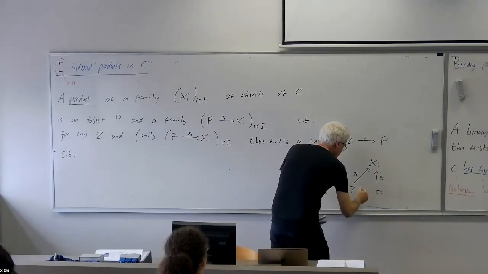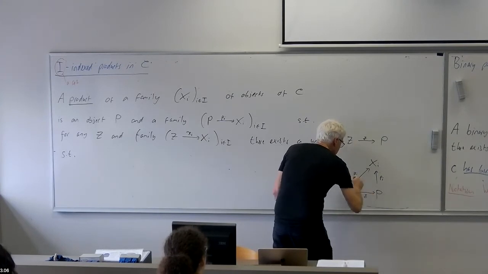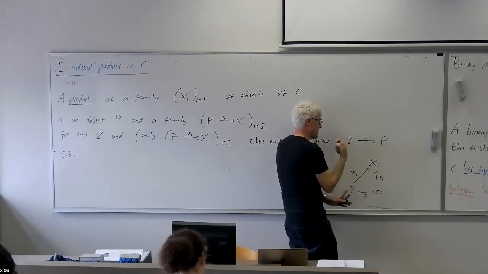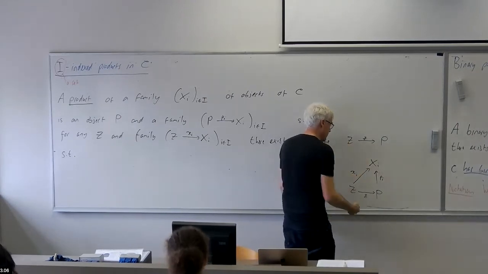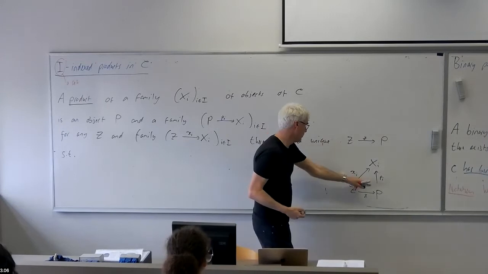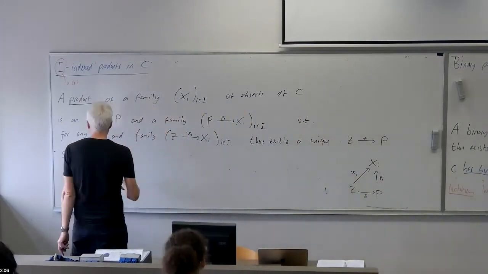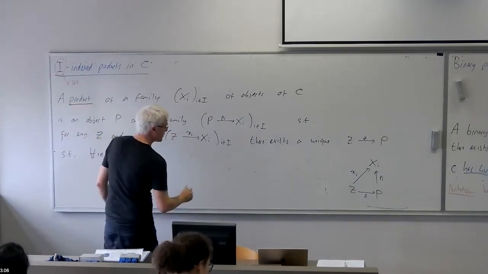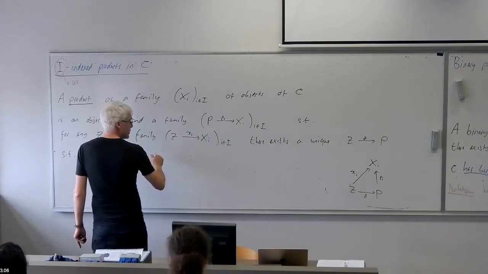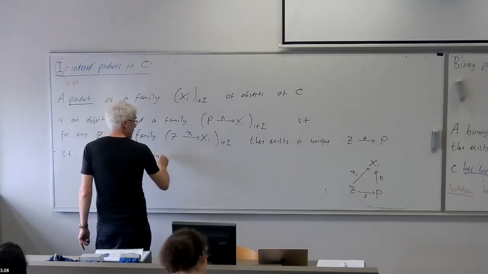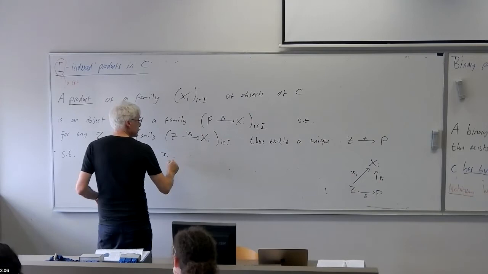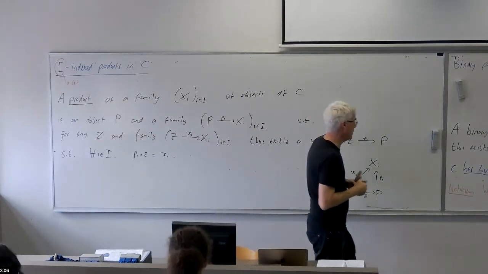And we want all the triangles formed by the map little z to commute. There's one such triangle for every index element little i in the index set I. So such that for all index elements i, p sub i composed with little z equals x sub i. Okay.